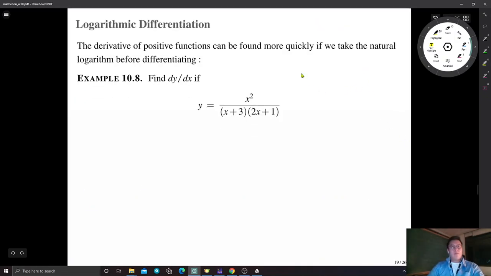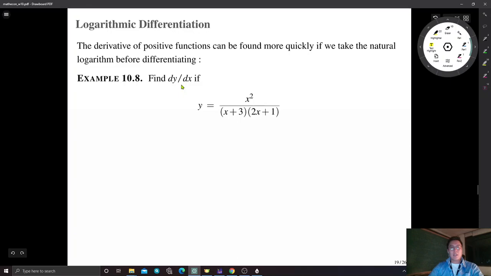Alright, and then one more application of this logarithmic differentiation. The logarithmic function can be used to find the derivative of a complicated function in a much easier way. So think about this function, x squared divided by this expression.